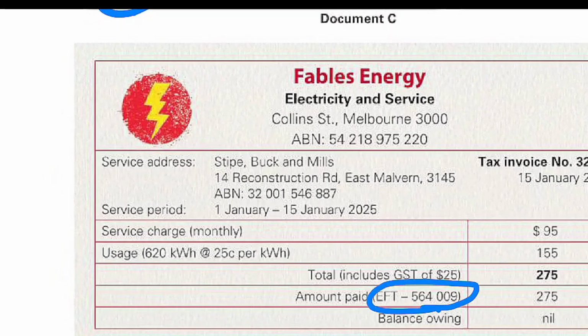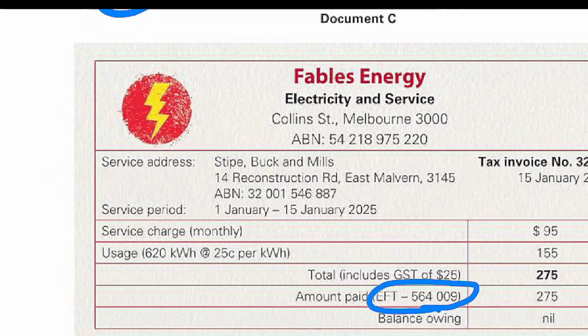What is EFT? Okay, if you have forgotten, I'll show it to you again, because last time I didn't show you the EFT. EFT means electronic funds transfer, which means you are transferring money using online banking or the banking app. So this is a receipt.